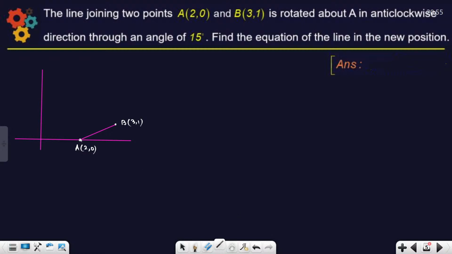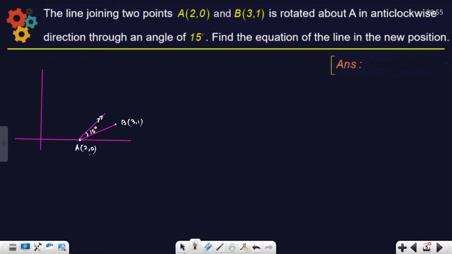So this line has been rotated through 15 degrees, and let us say it comes here. This angle is basically 15 degrees. Now the question is, what is the equation of the line at this new position? That is, we need this equation.